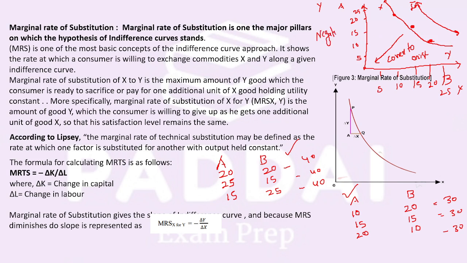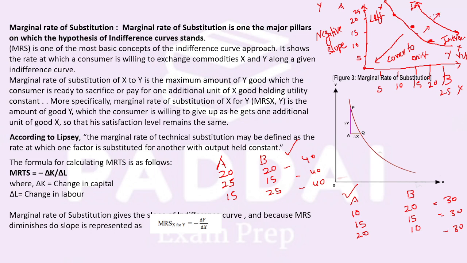Indifference curves never intersect each other. These two curves will never intersect each other. They have movement left to right, downward sloping, negative slope.